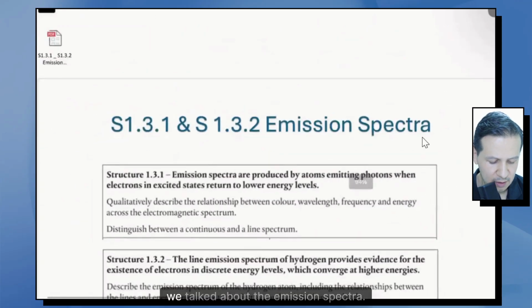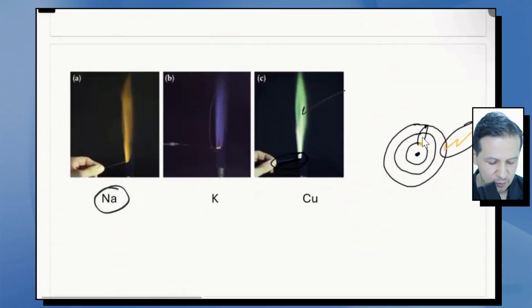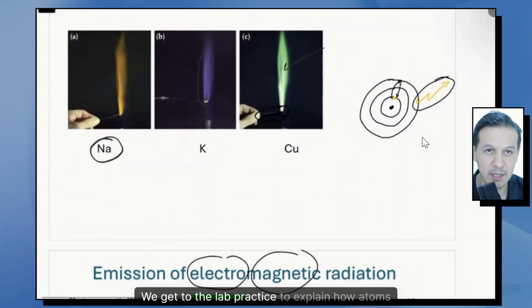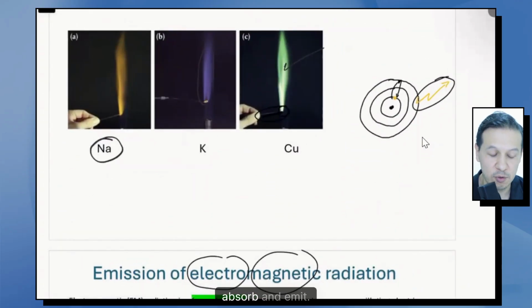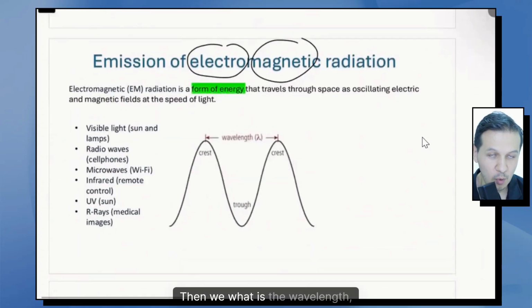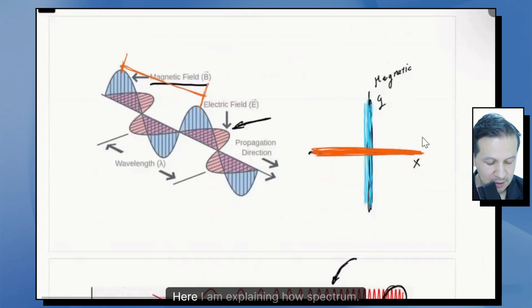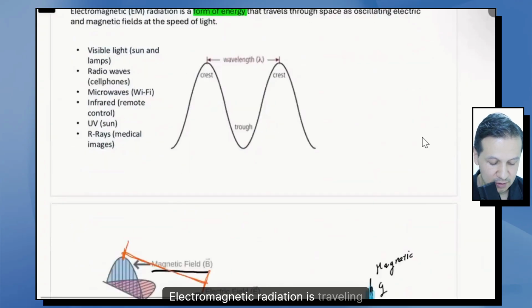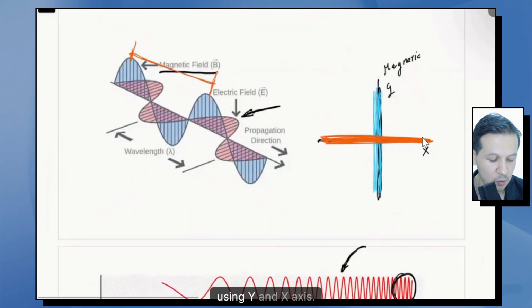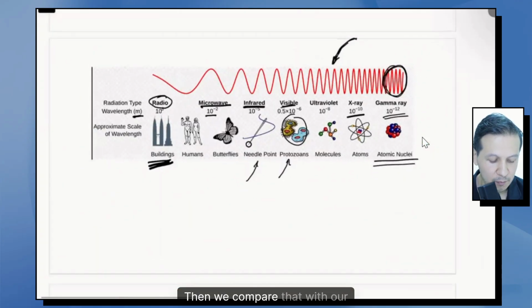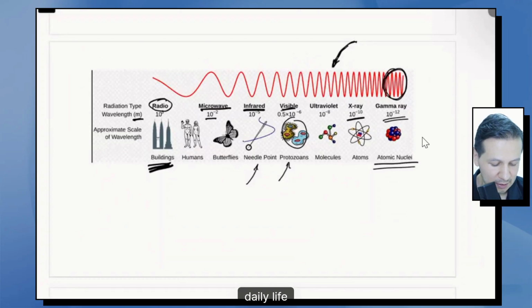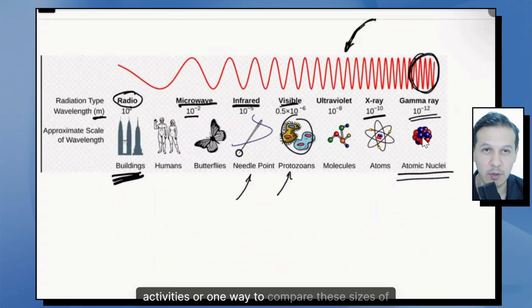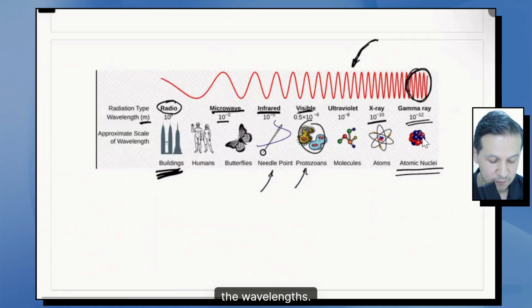So first, we talked about the emission spectra. We got to the lab practice to explain how atoms absorb and emit. Then what is the wavelength, what is frequency, how the energy is traveling. Here I am explaining how electromagnetic radiation is traveling using the y and x axes. Then we compared that with our daily life activities, as one way to compare the sizes of the wavelengths.